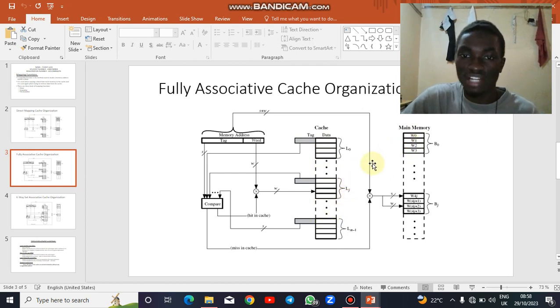Then W1 can be mapped in this line. Then W3 can even be mapped in the first line. It is just free. The memory address comprises of the tag and the word, unlike in direct mapping.